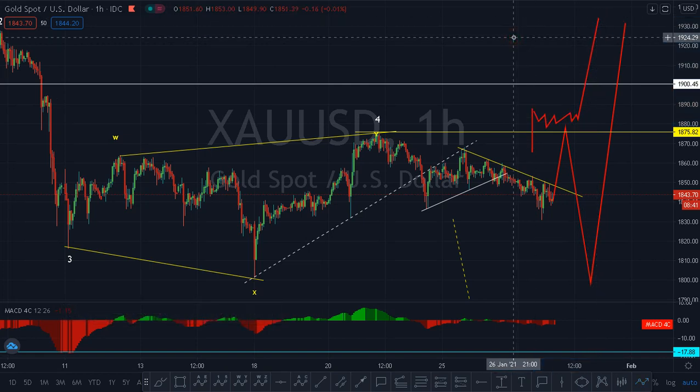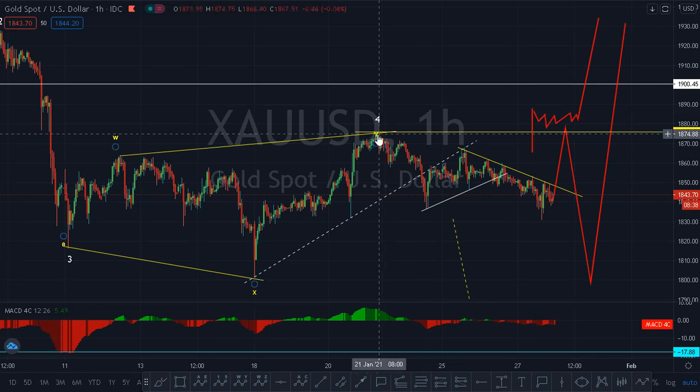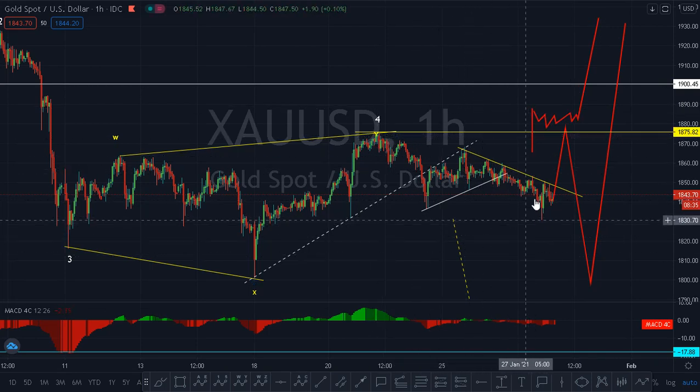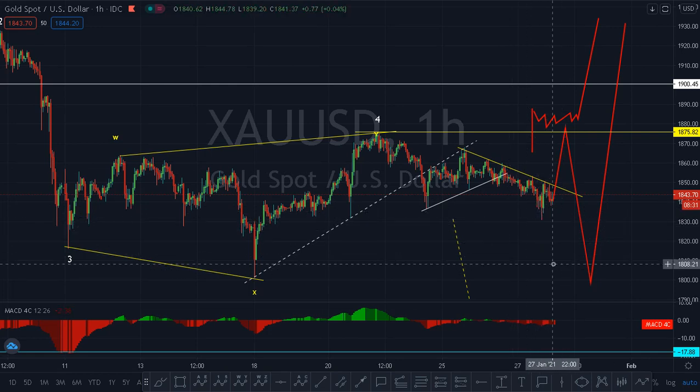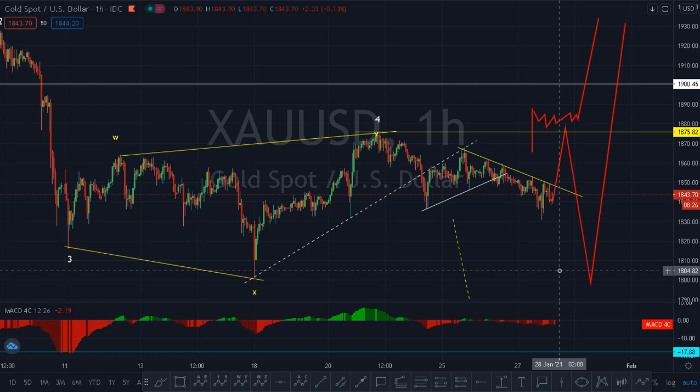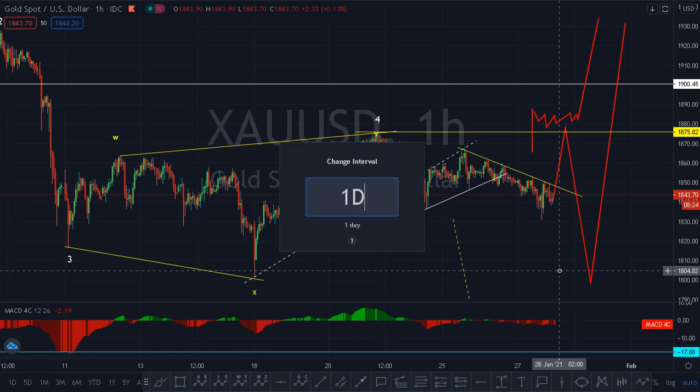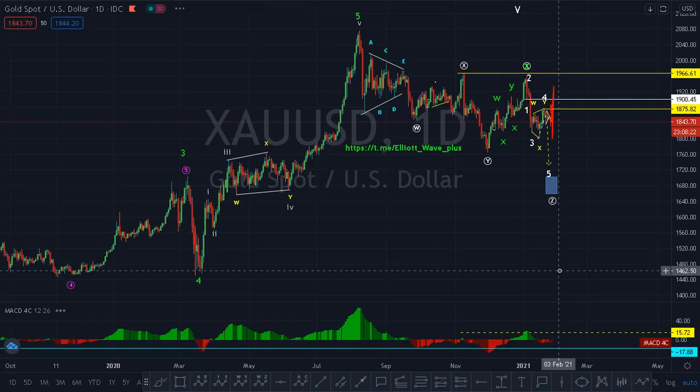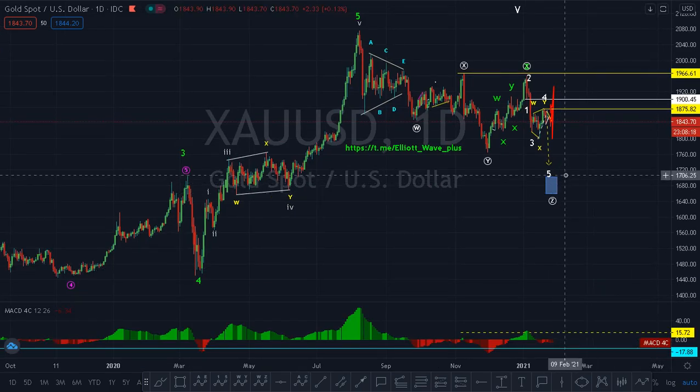So if gold closes well above here, forget about selling. But right now, I'm still looking for sell, because on my daily forecast, I see gold coming below 1800.